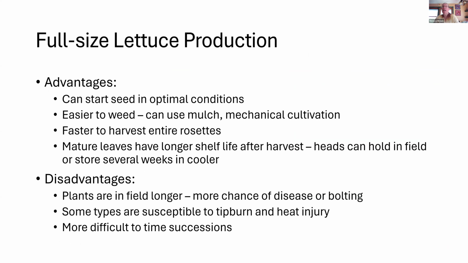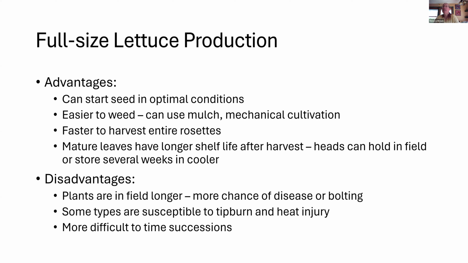the baby lettuce stage. It's also much faster to harvest entire rosettes, particularly if you're harvesting by hand, you don't have an automated lettuce harvester. And the mature leaves have a much longer shelf life after harvest. Heads can hold in the field, or they can store for several weeks in the cooler.